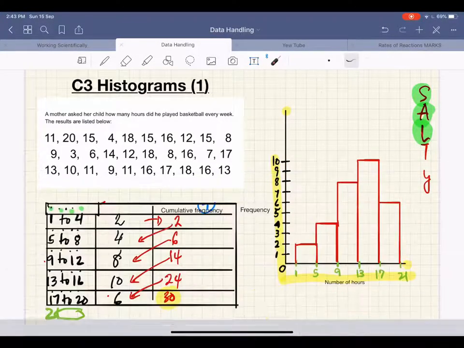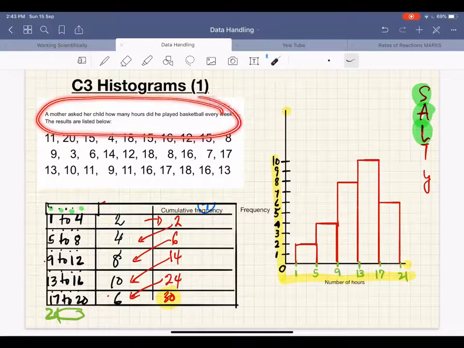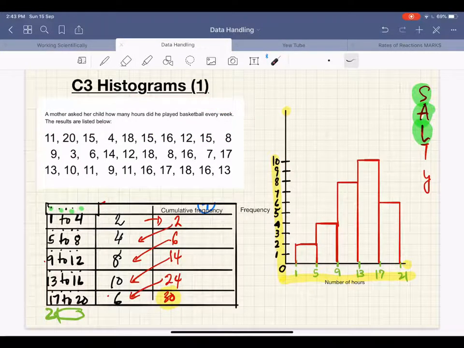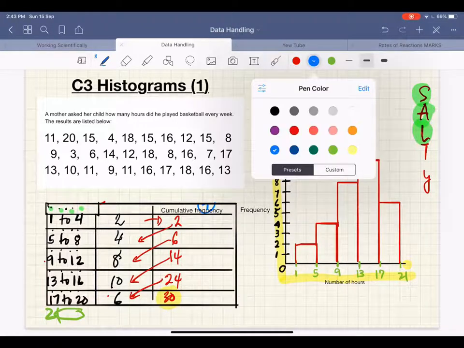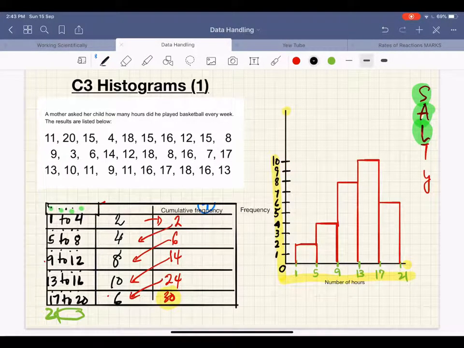So what would be a good title for this? You need to look at the question. A mother asked her child how many hours he played basketball every week. The results are listed below. Now that I read this again, I realize the place where I copied it had quite a number of grammatical errors. There should not be a "did." How many hours he played basketball every week?